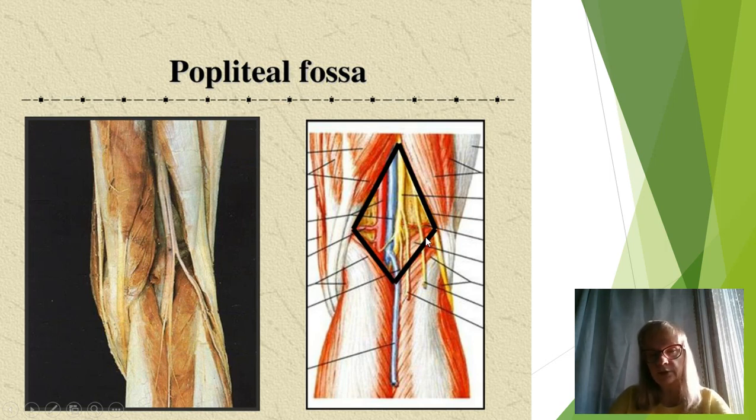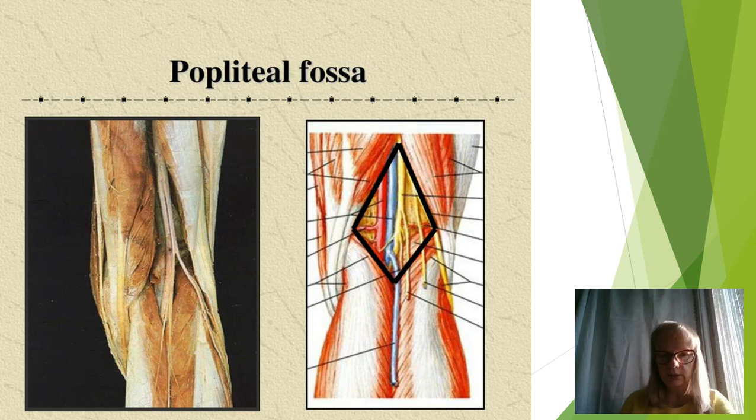The gastrocnemius is more superficial, and the two heads of the gastrocnemius attach to the popliteal fossa and surround the two lower borders, middle and lateral. So biceps femoris, semitendinosus, semimembranosus, and two heads of the gastrocnemius are the four borders of the popliteal fossa.